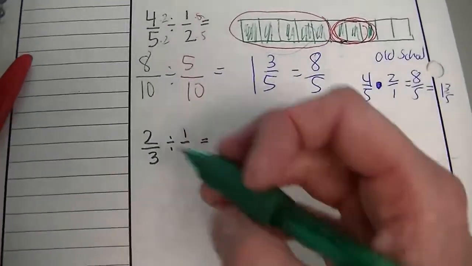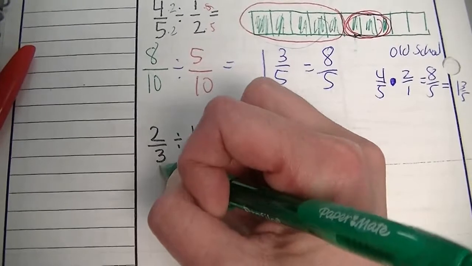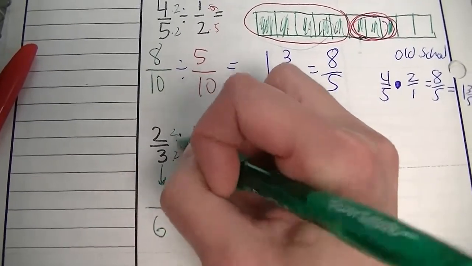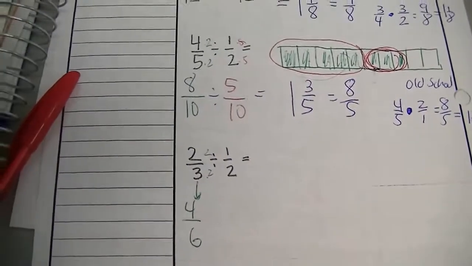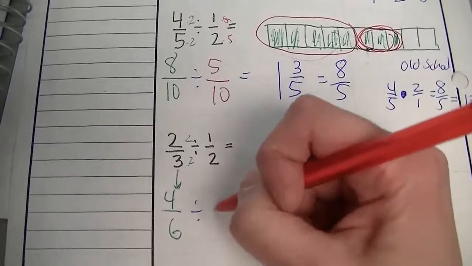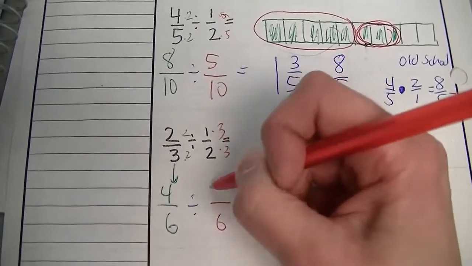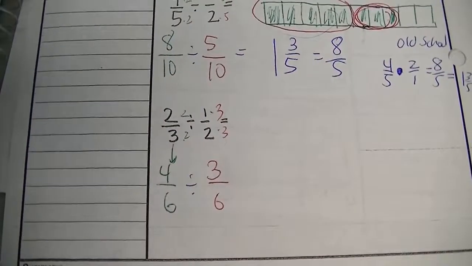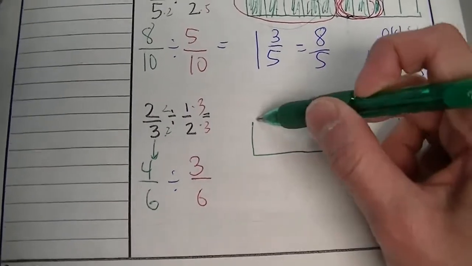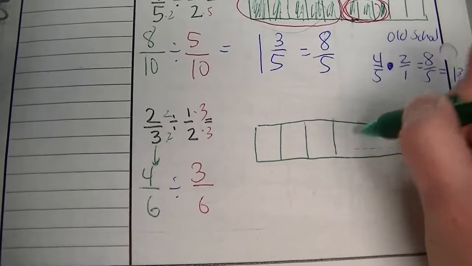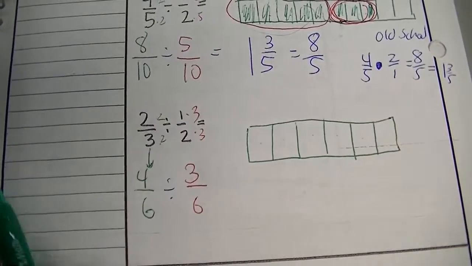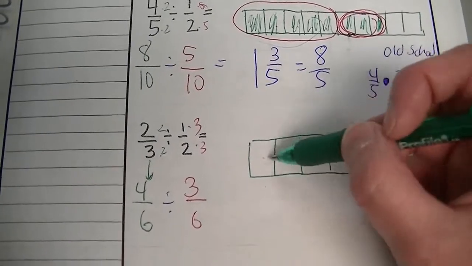Now this one, the common denominator would be 6, so this 2/3 is the same as 4/6, and we're dividing it by 1/2. To model this, I'm going to draw 6 little pieces and fill in 4 of them.